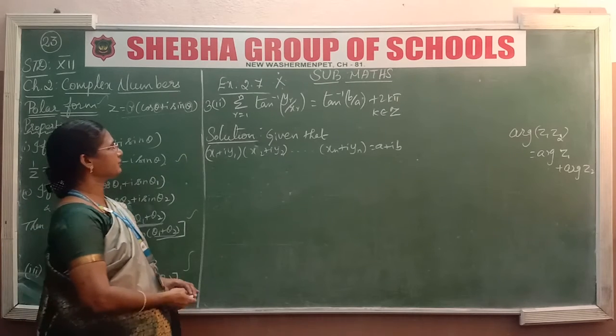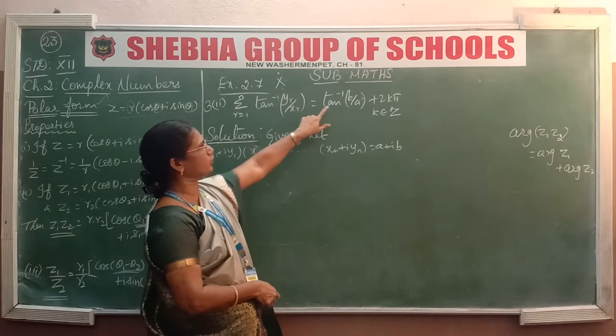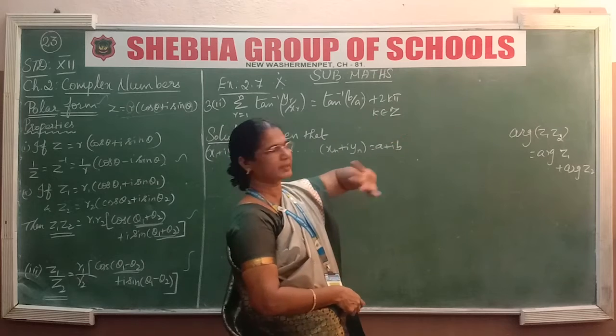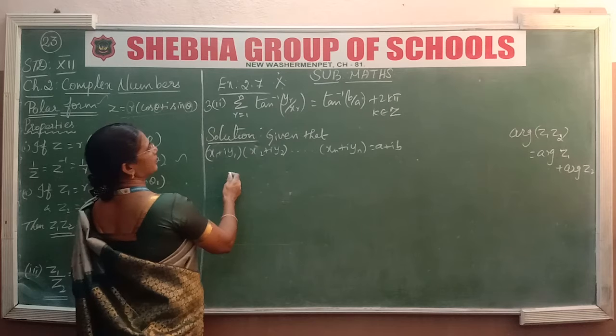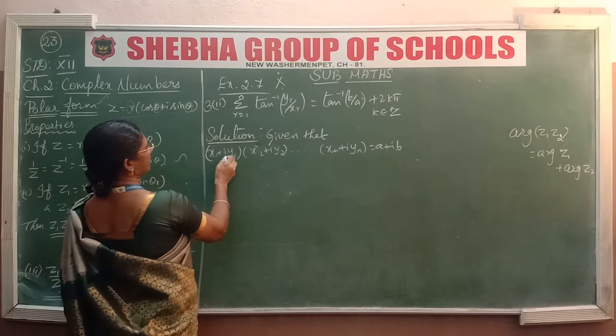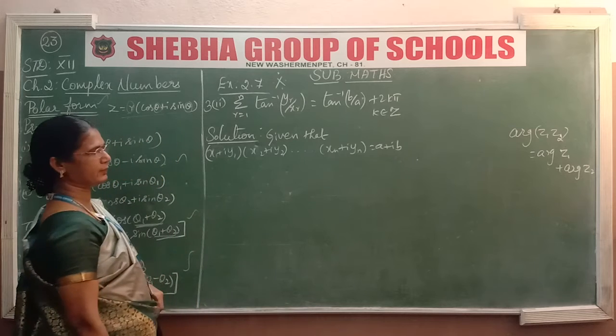Now the second subdivision: sigma r equals 1 to n of tan inverse yr by xr equals tan inverse b by a plus 2k pi, k belongs to z. Here also, taking the given form (x1 plus iy1) into (x2 plus iy2) and so on up to (xn plus iyn) equals a plus ib.